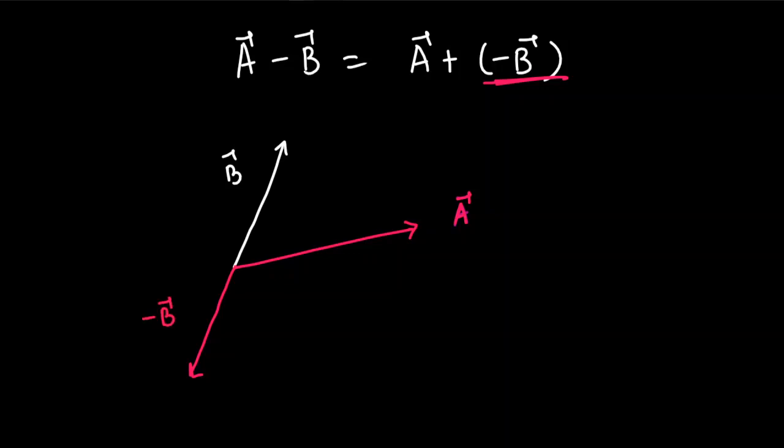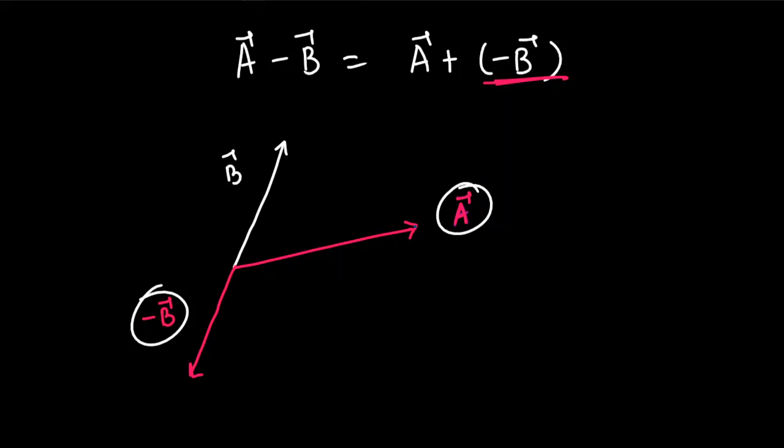And now you can shift this -B vector so that it aligns with the head of A, to get the same idea as you had in addition. Now you basically have two vectors: one is vector A and the other is vector -B, and you just have to add them now. So even forget that there is a negative sign.